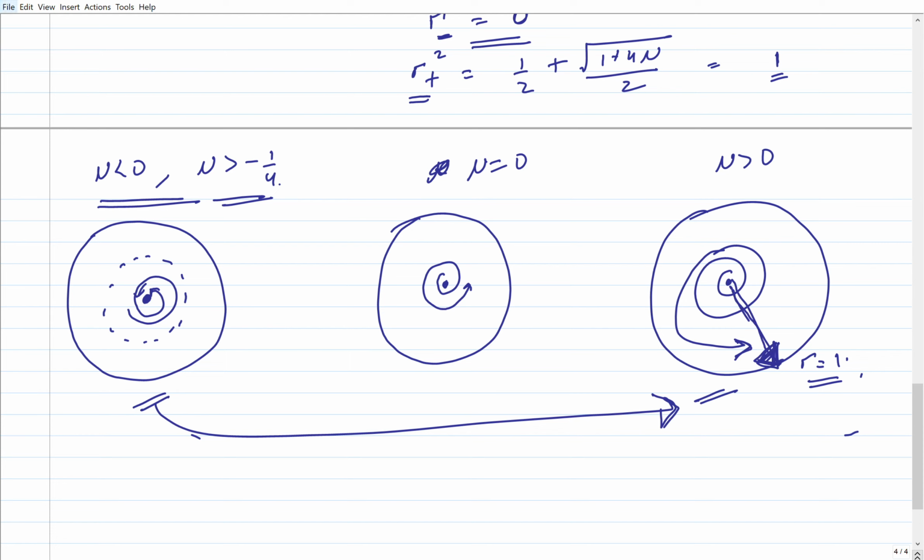So that is essentially the idea of the Hopf bifurcation, the subcritical Hopf bifurcation, and we can actually represent it through a bifurcation diagram.